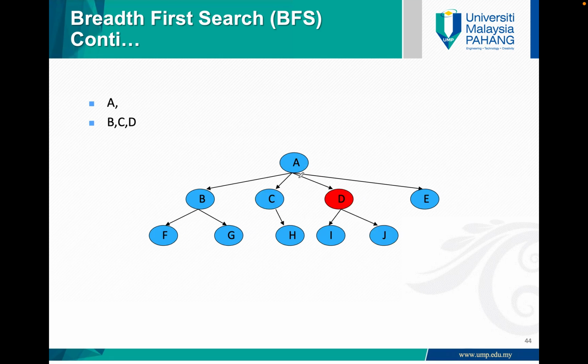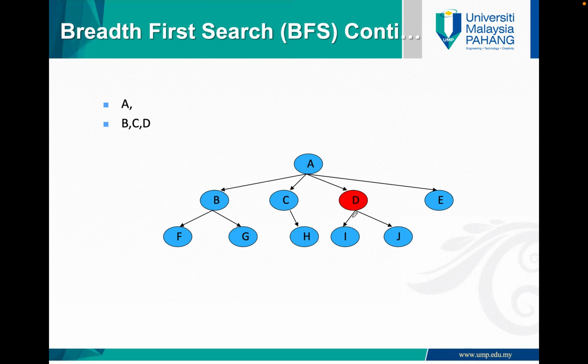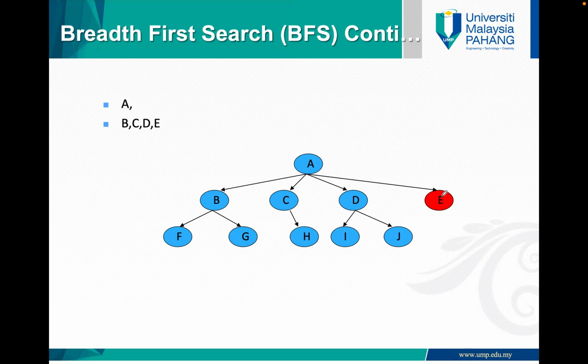Right now we are at level 1. We go to D, and D has I and J. After that, we go to E. E doesn't have any nodes after it. And then we move to the second level.